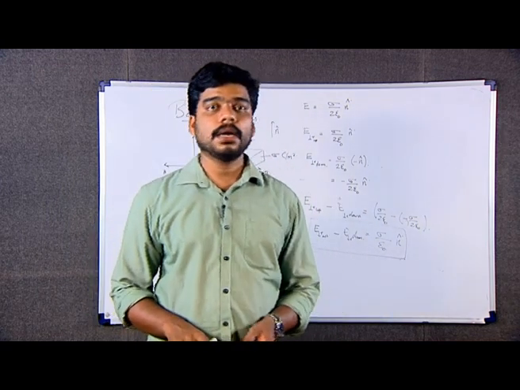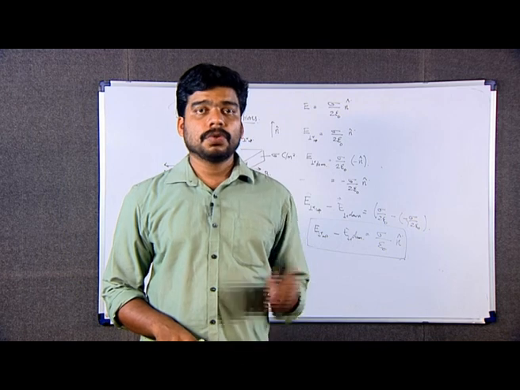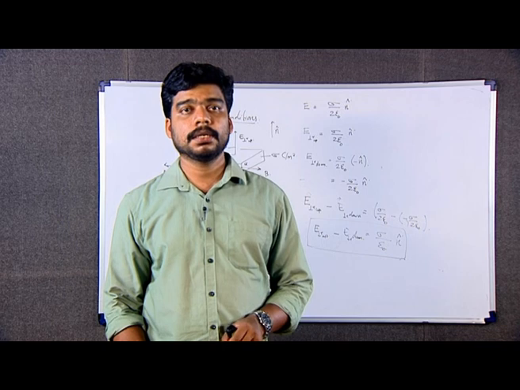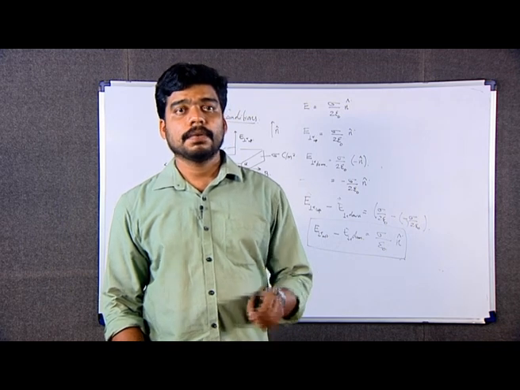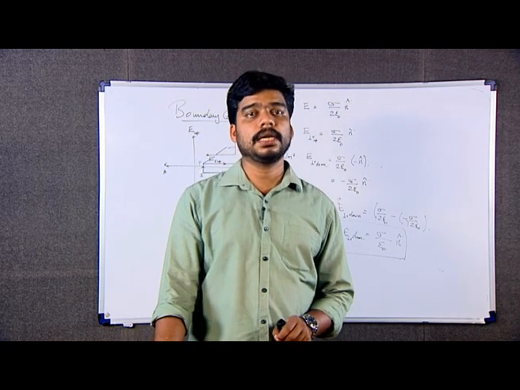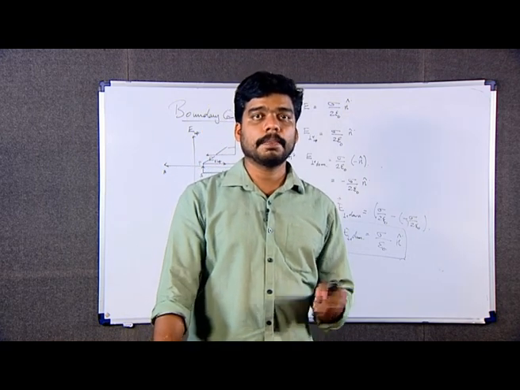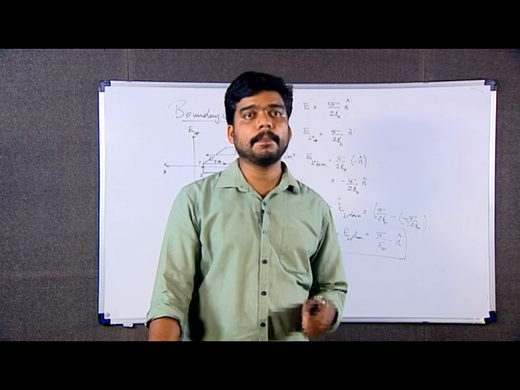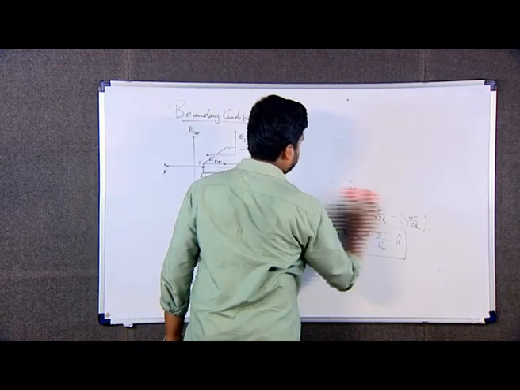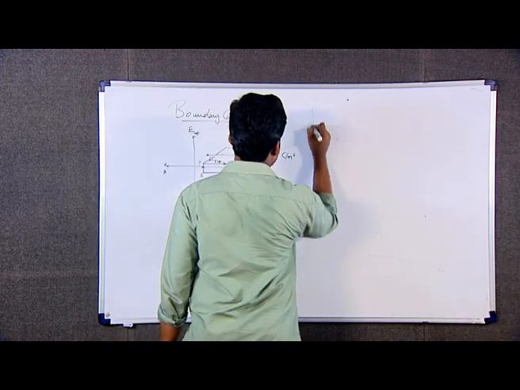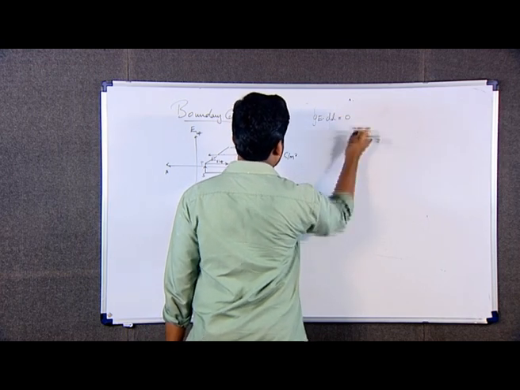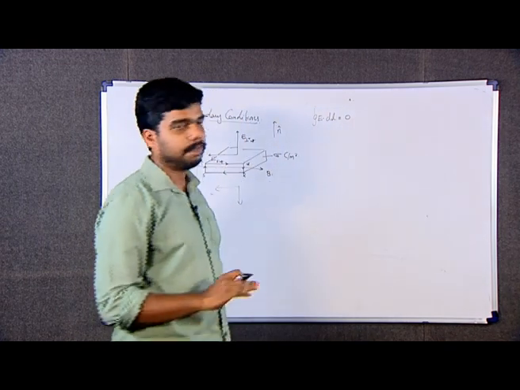And what about the parallel component? To determine the parallel component, we know that the electric field is a conservative force field. We are using this idea to arrive at the boundary condition for the parallel component of E. And we know that closed integral E dot dl is equal to 0 for a conservative force field.